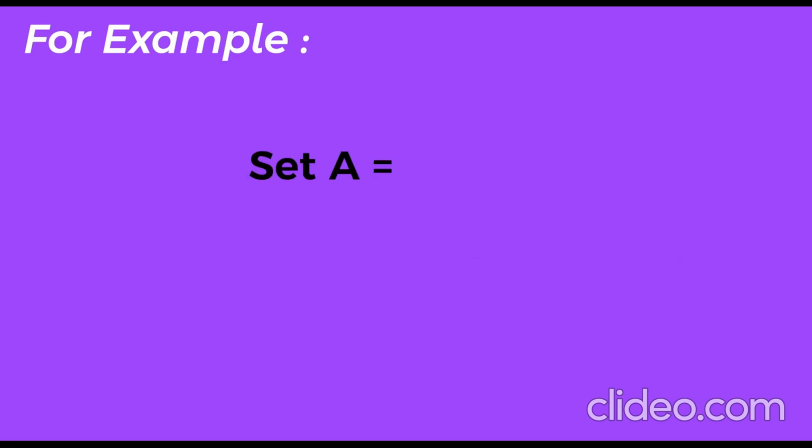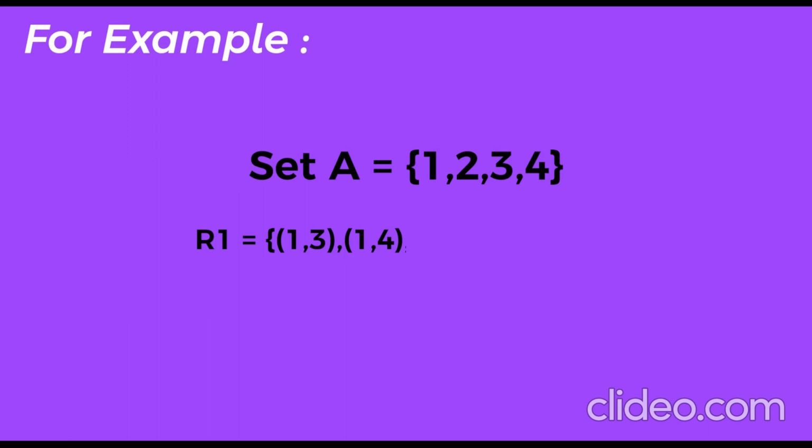For an example, let's consider set A contains elements 1, 2, 3 and 4 and relation R1 is (1, 3), (1, 4), (3, 1), (2, 2), (4, 1). This relation R1 is a symmetric relation on A because it follows all the rules that we discussed earlier.